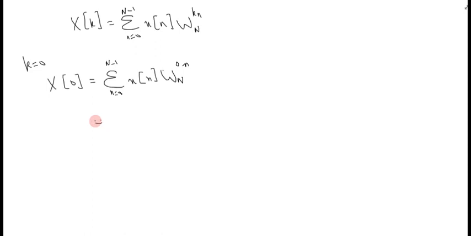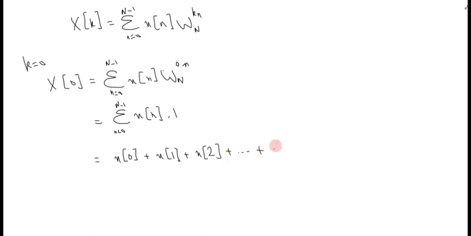So you can expand it like the summation n equal to 0 to N minus 1 of x of n into 1. This W N raised to power 0 is 1, so it will become x of 0 plus x of 1 plus x of 2 plus so on to x of N minus 1. This is your X of 0.